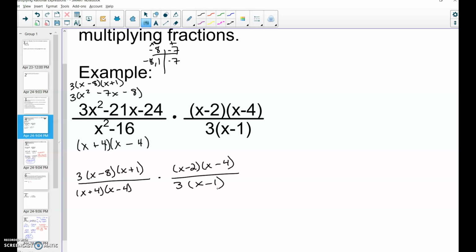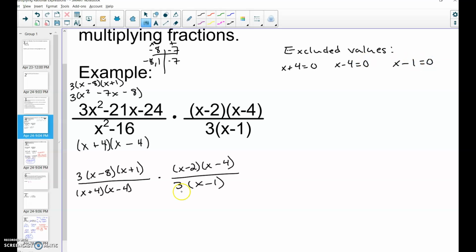Now I need to list my excluded values, so that's anywhere on the denominator. I have 3 different things where x could give me 0 on the denominator. So my excluded values would be when x plus 4 equals 0, when x minus 4 equals 0, and when x minus 1 equals 0.